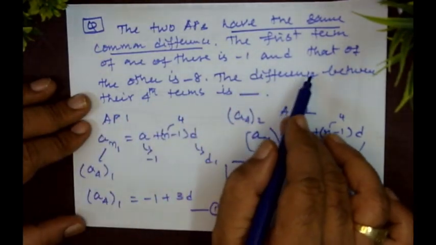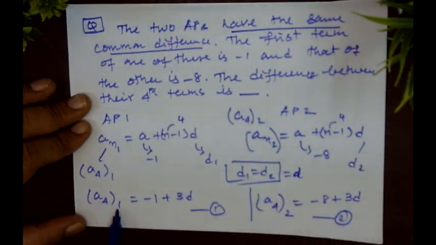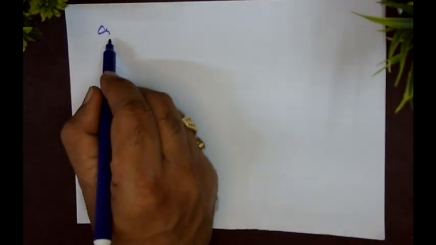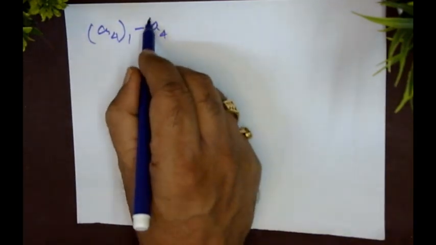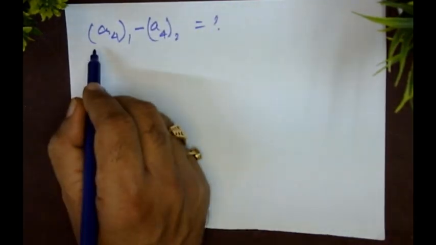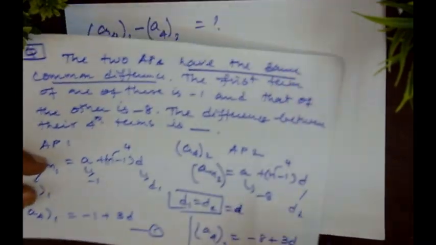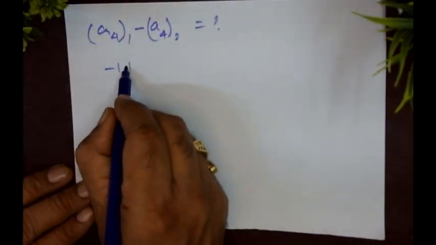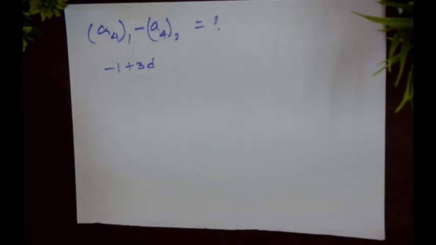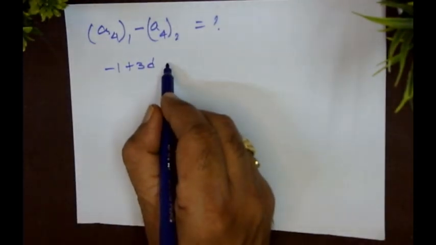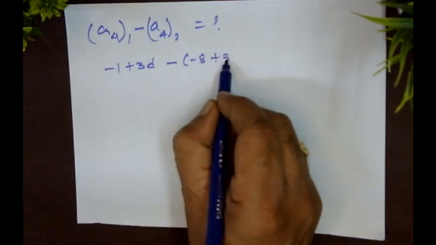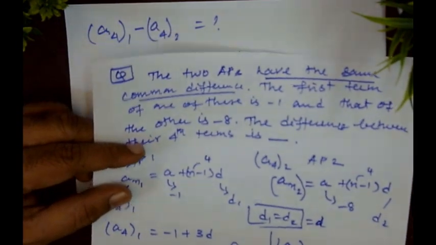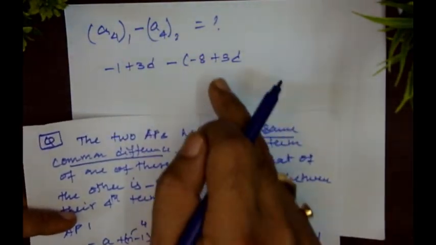So what they asked, the difference between their fourth terms, that is a41 minus a42. So let us substitute: minus 1 plus 3d, minus of minus 8 plus 3d, because it is given first term this one, second term this one.